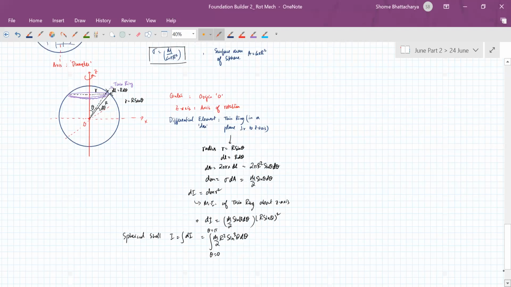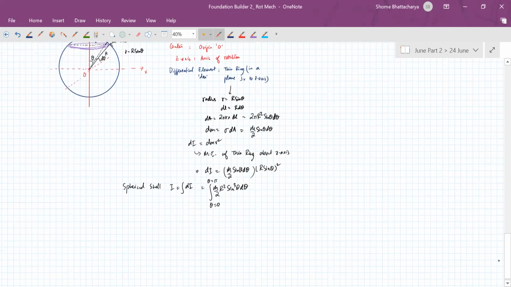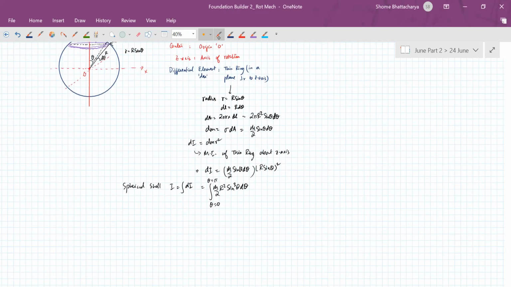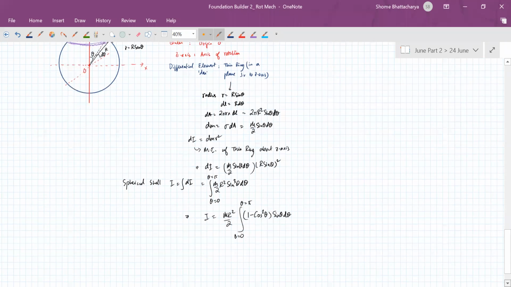Okay, so hope you must have got the answer. Let's complete this now. For the integration, we'll express this as 1 minus cos squared theta into sine theta. And then we'll do a substitution here.